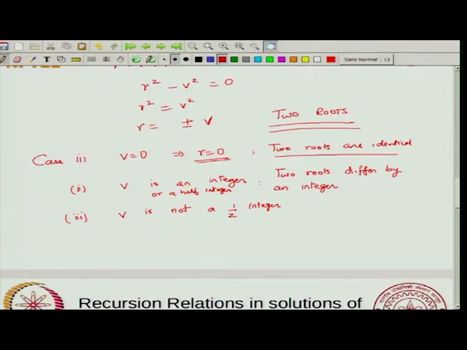Now if v is not a half integer, then the two roots do not differ by an integer.